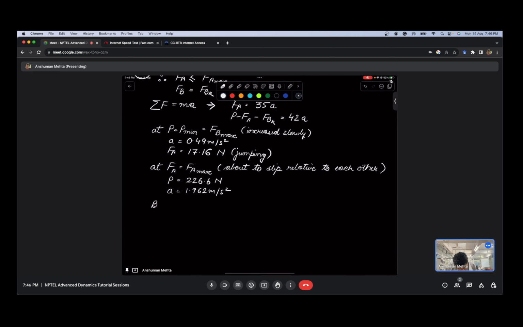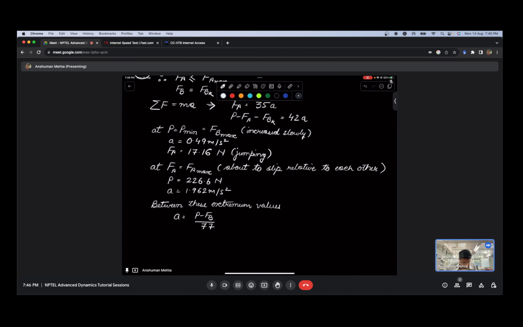Now between these extremum values, A will be is equal to P minus FP by 77.